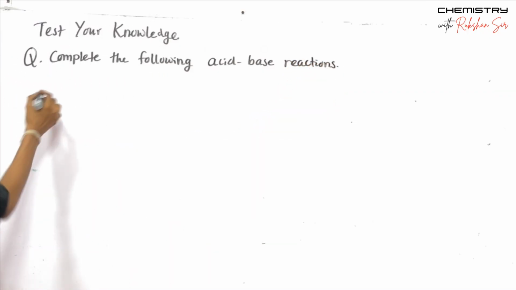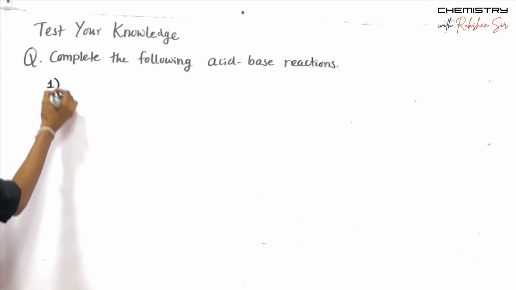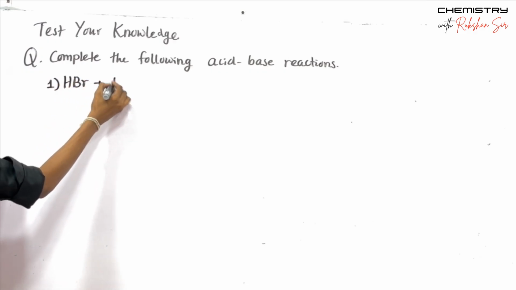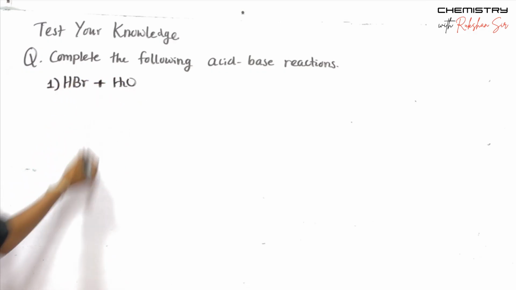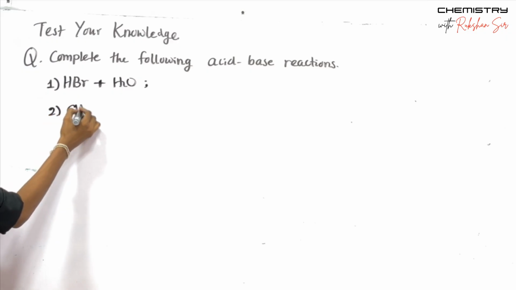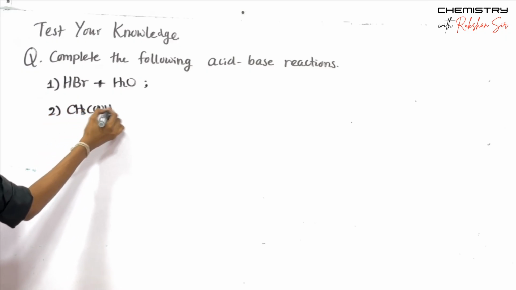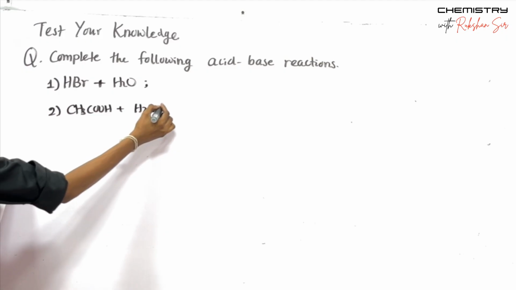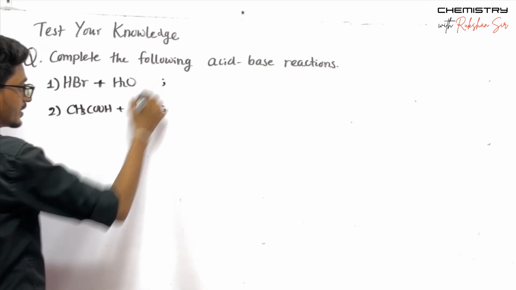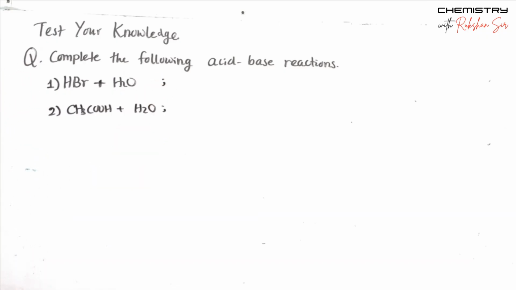These are the reactions we are supposed to write. Number 1, HBr plus H2O. Number 2, CH3COOH plus H2O. Now, when writing reactions, it is needed to come up with the physical states. This is physical chemistry. If you're not writing in the physical states, you won't get marks.